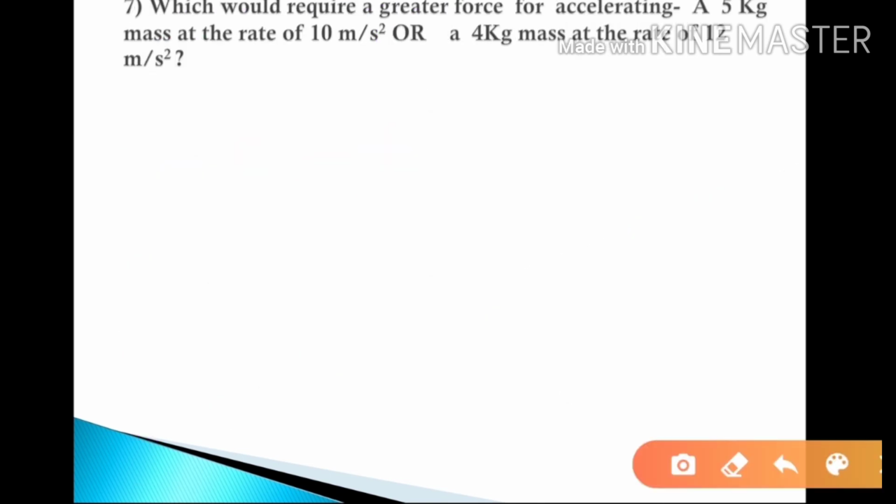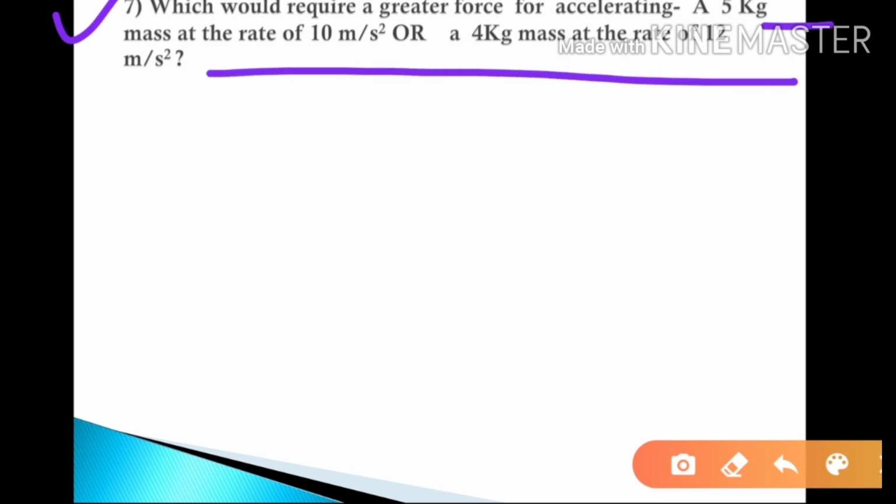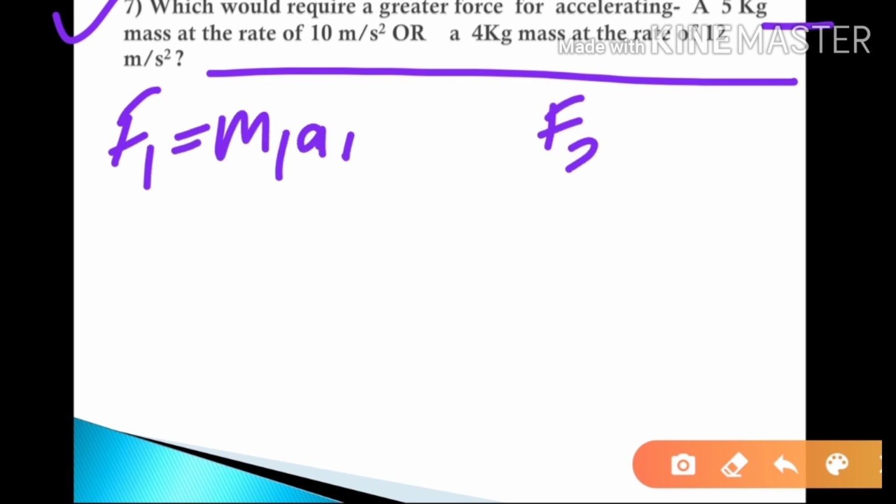Next question, which would require a greater force for accelerating a 5 kilogram mass at the rate of 10 meter per second square. किस बॉडी को एक्सेलरेट करने में ज़्यादा फोर्स की रिक्वायरमेंट होगी? F1 is equals to m1 a1 and F2 is equals to m2 a2.